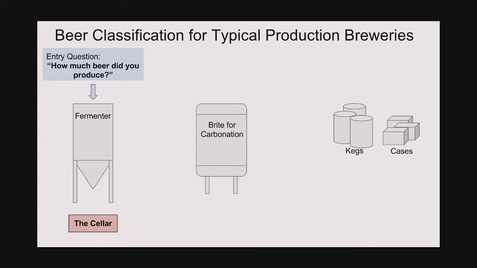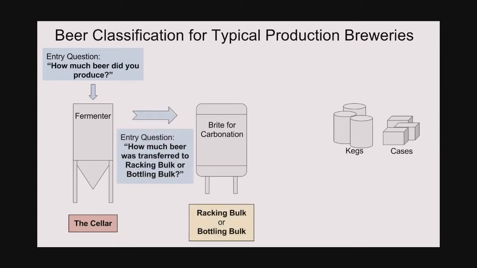When you make an entry in TTB Tamer under the question, how much beer did you produce? This amount is entered directly into your cellar inventory. Then, when the beer is fully fermented and you're ready to start carbonating, you make an entry under the question how much beer was transferred to racking bulk, or how much beer was transferred to bottling bulk, and this amount is transferred from your cellar into racking bulk or bottling bulk inventory.